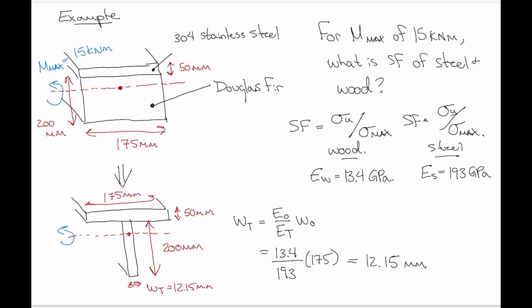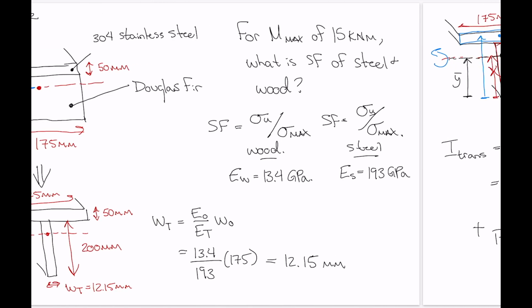So if we deal with the steel first, we know where the steel is going to experience maximum stress. So moving from the centroidal axis here up to the very top. That's where the steel is going to experience the maximum stress.